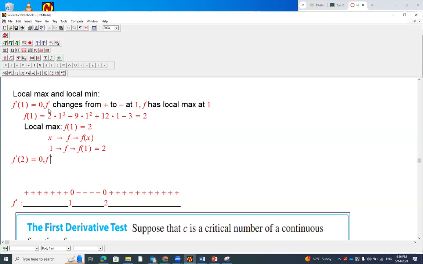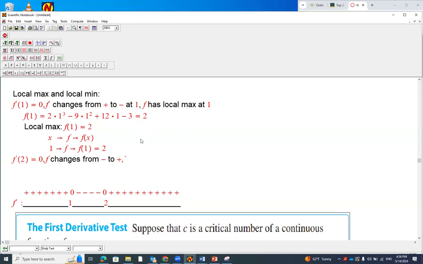And the derivative changes from negative to positive, because you see in the neighborhood of 2, we change from negative to positive.